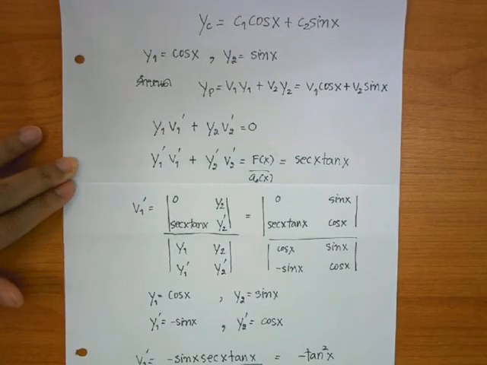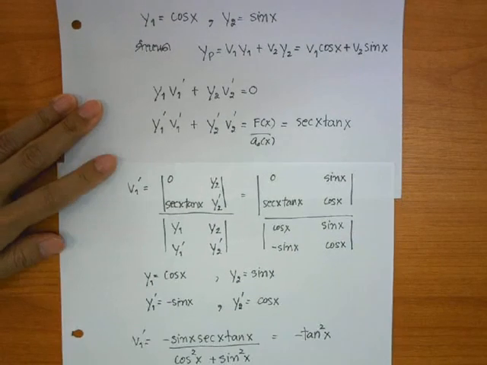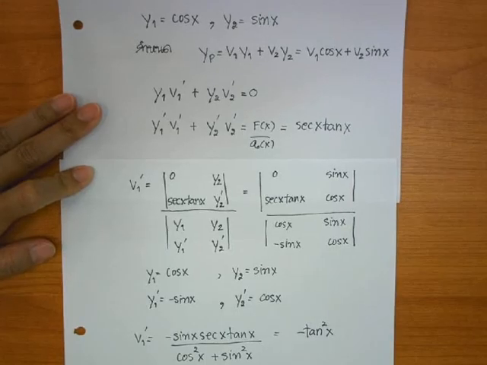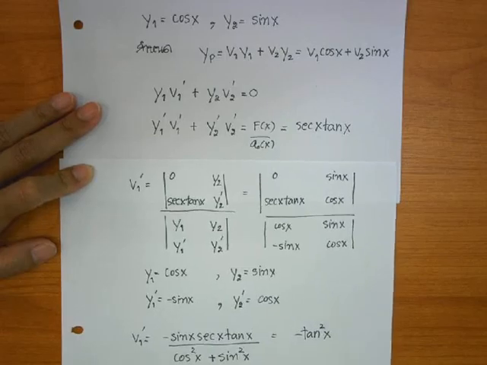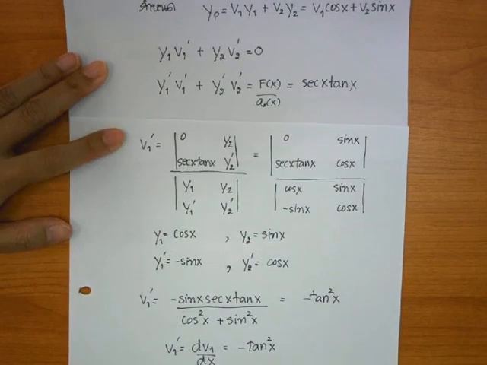I hope you all know how to find the determinant of a 2 by 2. So you would get the first derivative of v1 is equal to minus tan squared x.